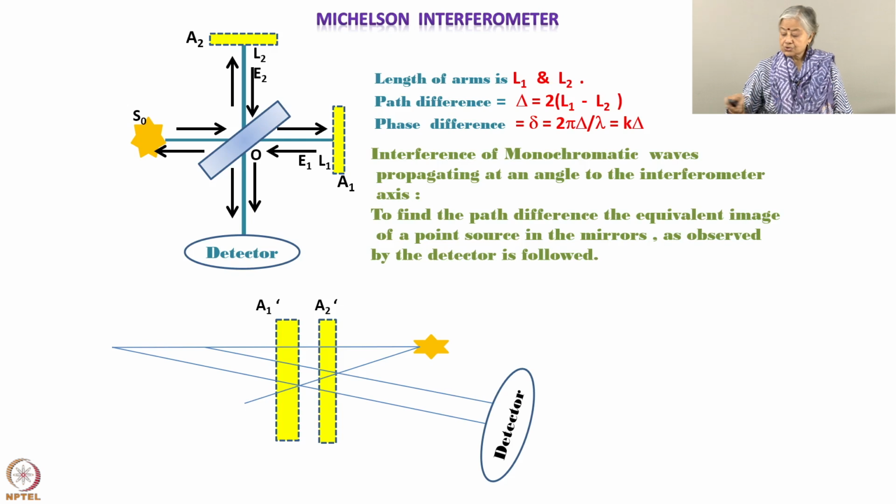The amplitude division is brought about in a Michelson's interferometer. Try to recollect my first few lectures, where I was talking about the properties of lasers and I described the Michelson's interferometer. It is a very important interferometer. It can serve as an example for different topics related to interference itself.